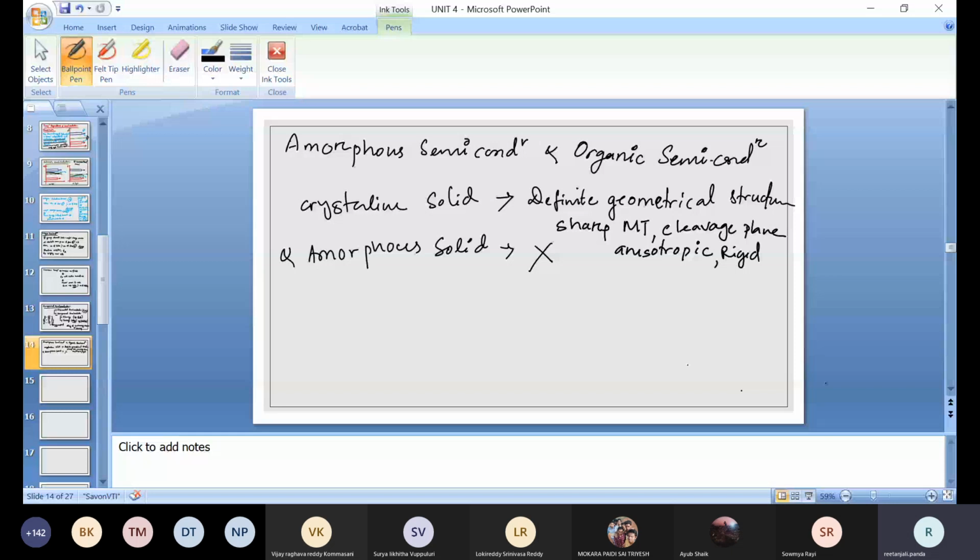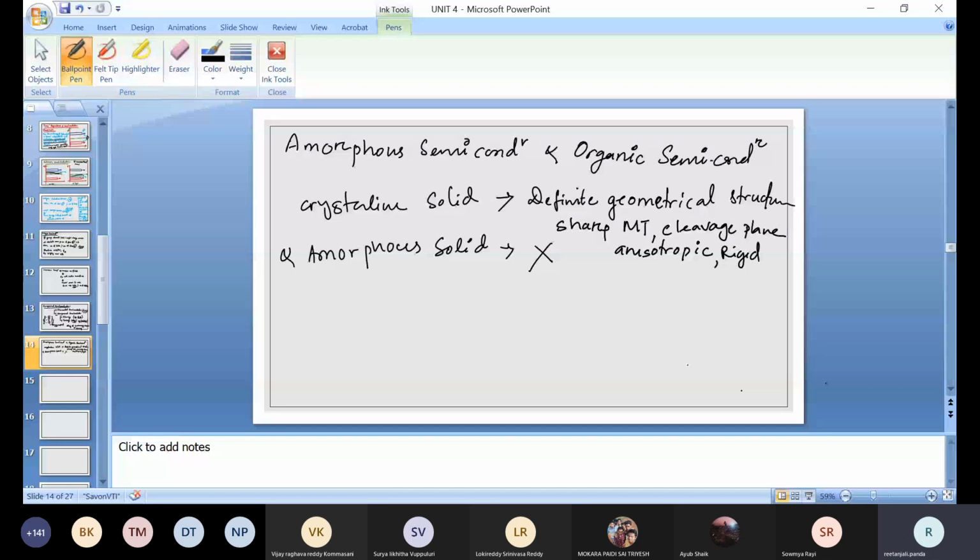The plastic pipes we are using are PVC, made up of amorphous solid. At the same time, copper, potassium nitrate and glass are crystalline solids. This is the difference between amorphous and crystalline solids.